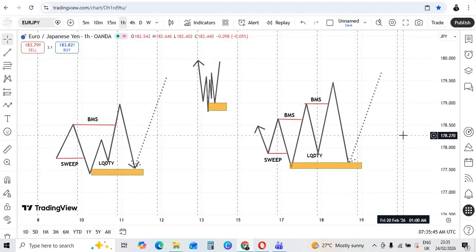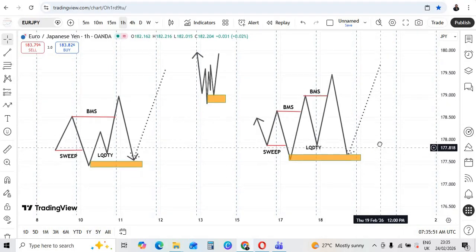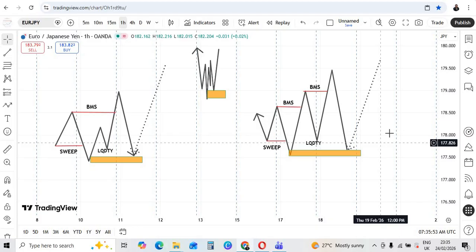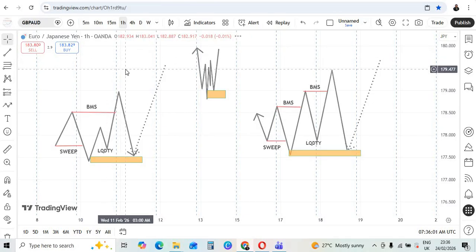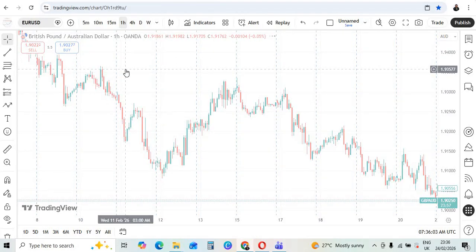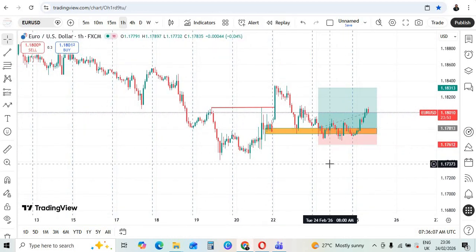In our next class, I'm going to be showing you more patterns and also more trades. So currently I'm actually on a trade I took yesterday. Okay, so the trade is still playing out.